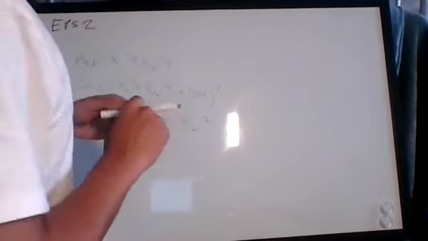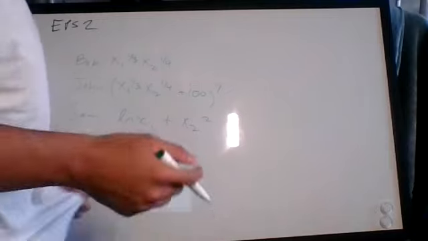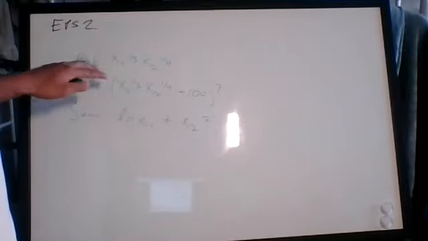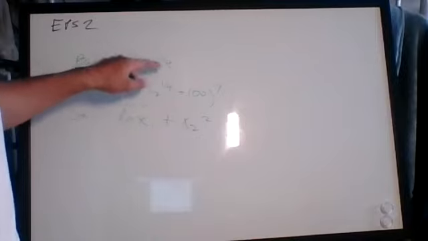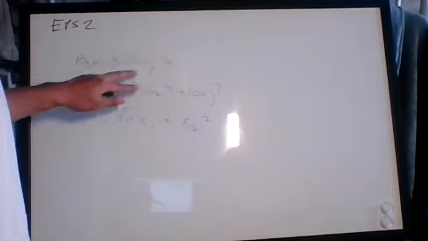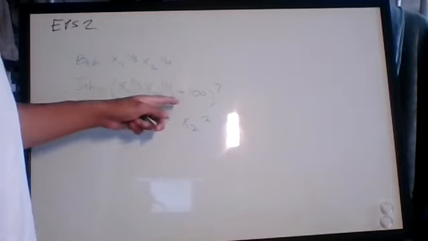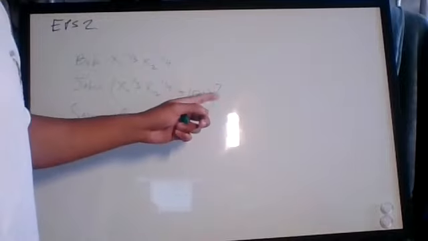I think what you're able to do right here, and this takes a little bit more practice at seeing the differences, is notice that Bob and John have very similar utility functions. It's just that John has 100 added and is raised to the 7th.